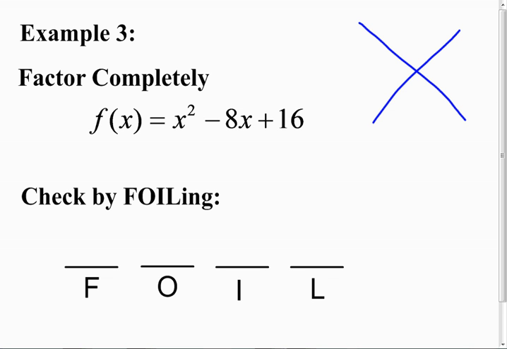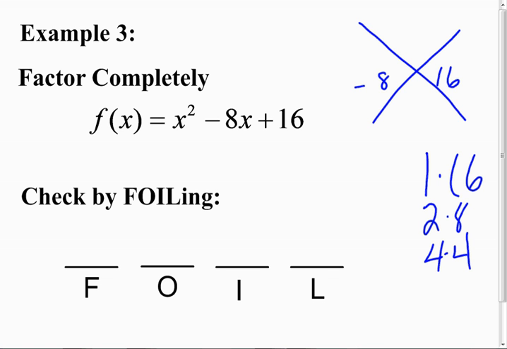Okay, what goes in here? Joey, what goes in here? Good. Then what goes here? Okay, 16. 1 times 16. What else? What else is just 2 times 8 and 4 times 4. Now, this is a positive number, but they have to add to give you a negative, which means they're both going to be the same.